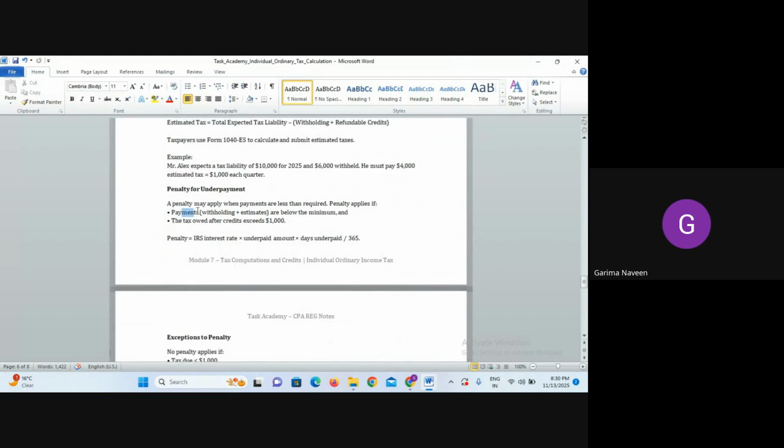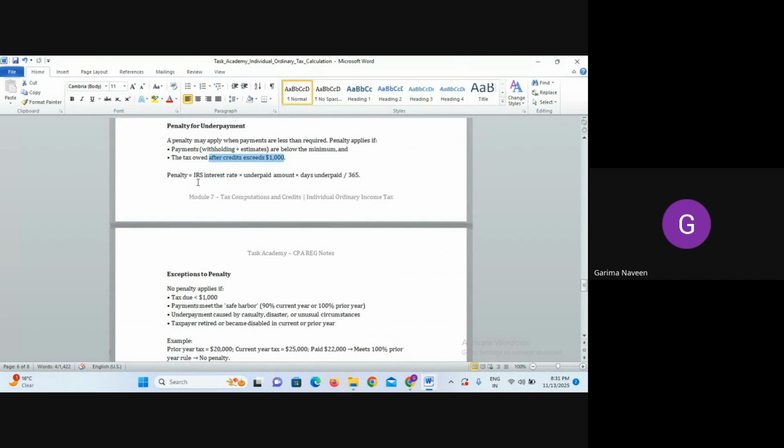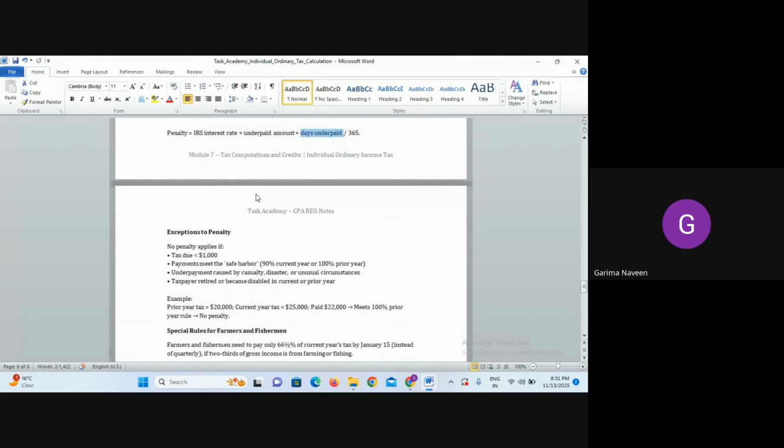So if the payments are below the minimum, and taxes owed after credits are $1,000 or more, then you have to pay the underpayment penalty. The penalty is calculated by using the IRS interest rate times the underpayment amount, whichever amount you are left to pay, and days underpaid divided by 365.